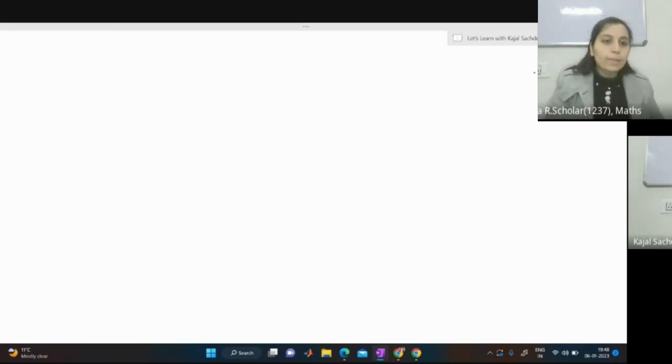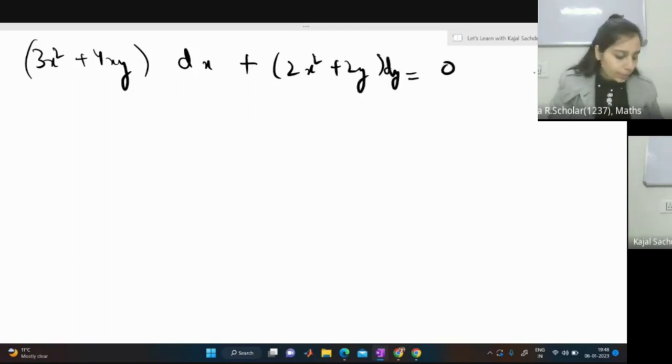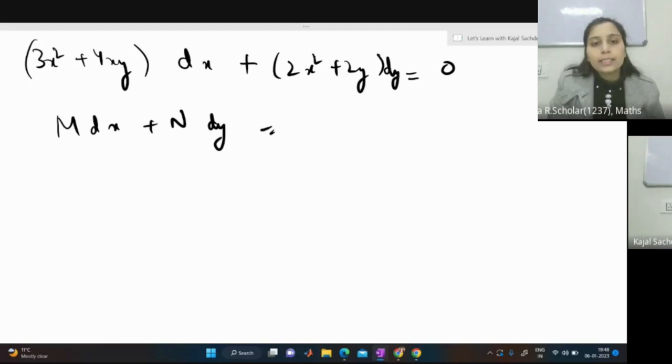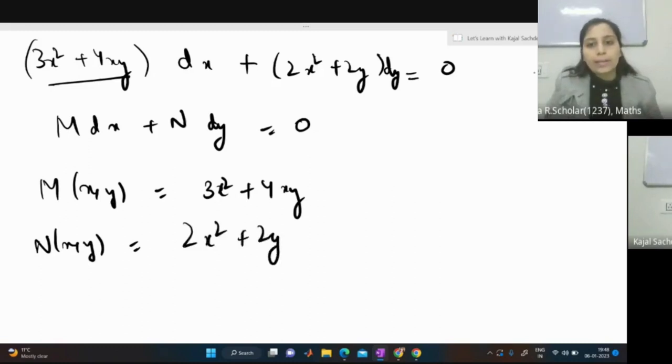So we have an example: 3x square plus 4xy into dx plus 2x square plus 2y into dy is equal to 0. So from here, compare this equation with M dx plus N dy is equal to 0. We get M, some function of x and y, is equal to 3x square plus 4xy, and N is equal to 2x square plus 2y.